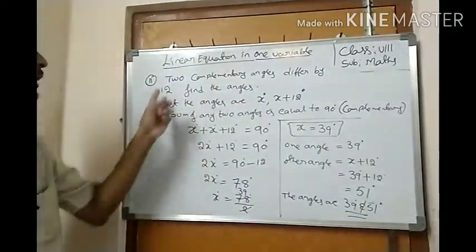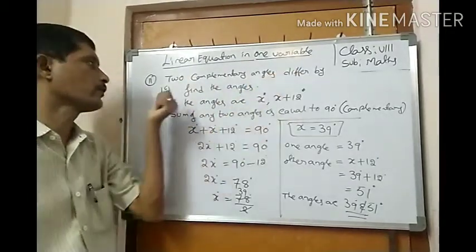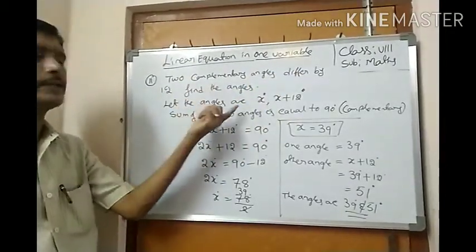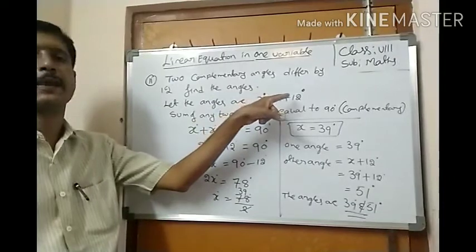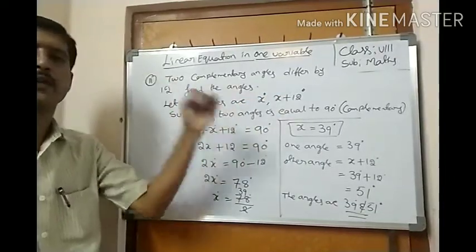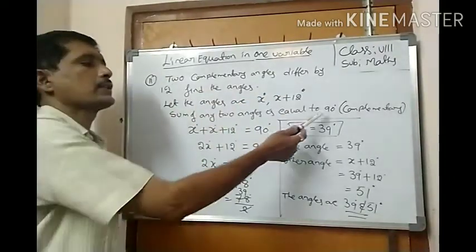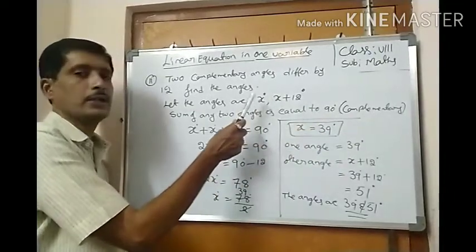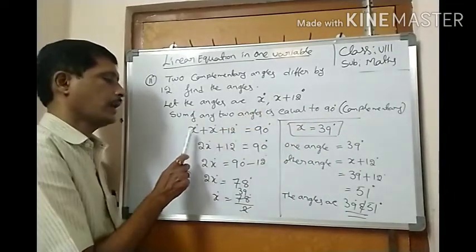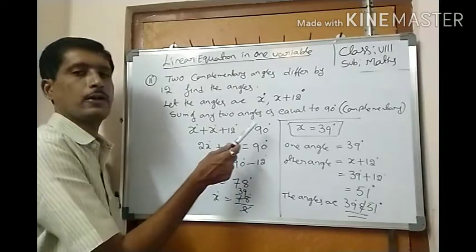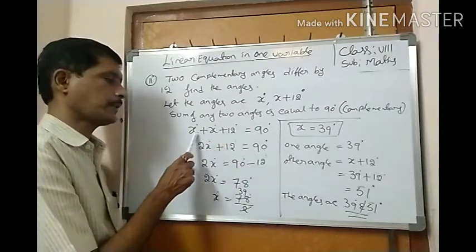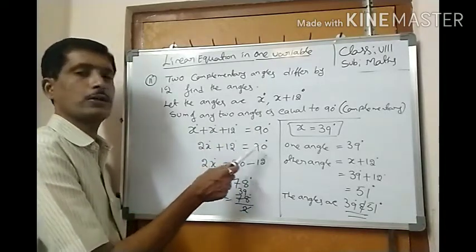Here, two complementary angles differ by 12 degrees. Find the angles. Let the angles be x and x plus 12. The sum of any two angles equal to 90 degrees is called complementary angles. Sum means x plus x plus 12 equal to 90 degrees. Therefore 2x plus 12 equal to 90 degrees.